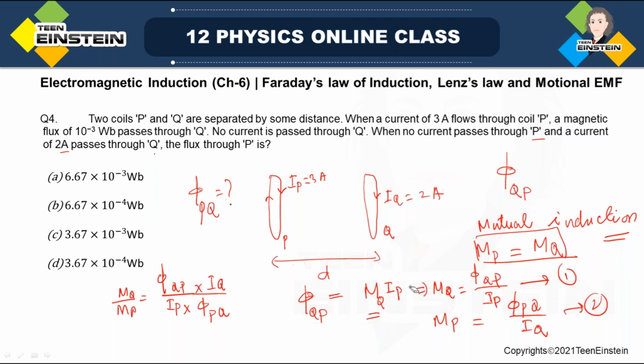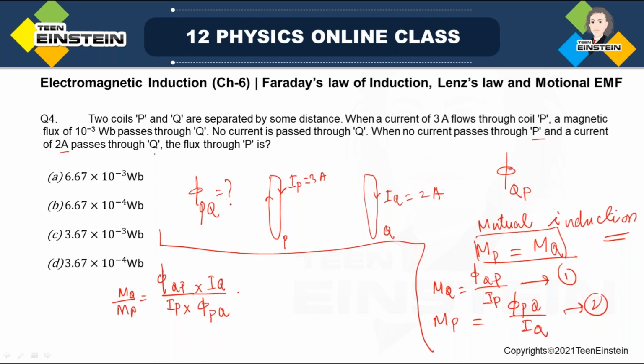Okay, so I'll just erase this part. This also is not required. We have understood the problem. Now we are just calculating. See, from here what we have to find out is phi PQ.